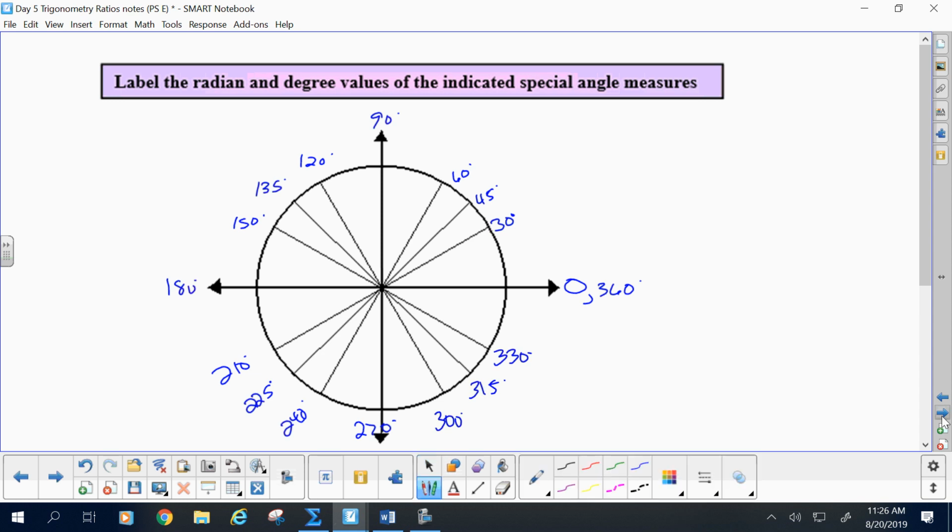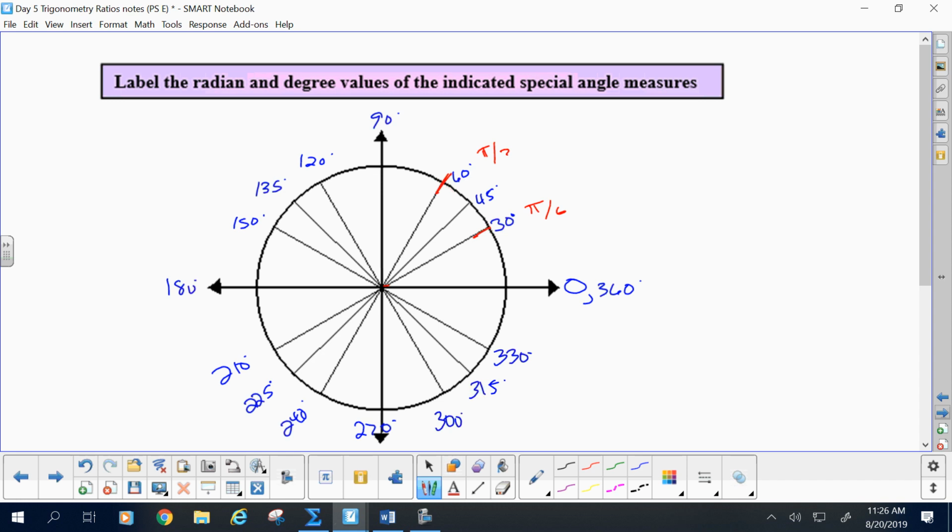So, 30 degrees. We could do this a couple different ways. One way to do this is by counting. Every 30 degrees is a pi over 6. Do you agree? And so here's 1 pi over 6. 45 is not a 30-degree angle, right? 60 is the next 30-degree angle. So that's 2 pi over 6, but what is 2 pi over 6 reduced to?